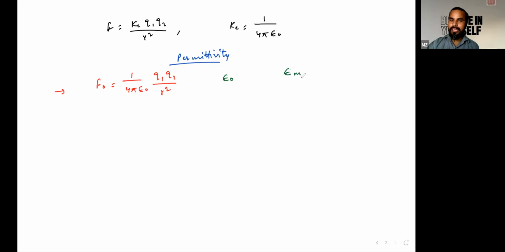Similarly, permittivity of any medium, and a relation defined between them, which is called relative permittivity, which is equal to permittivity of medium over permittivity of vacuum. So from this, we can define permittivity of medium is equal to relative permittivity times permittivity of vacuum.